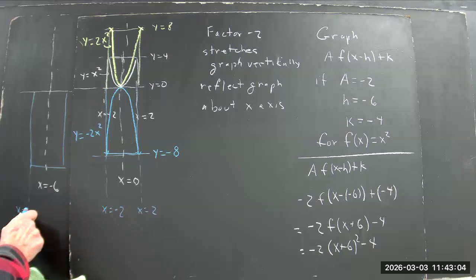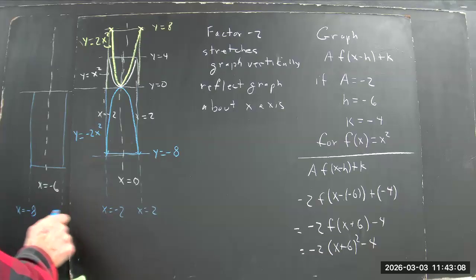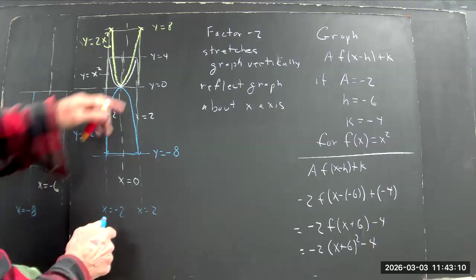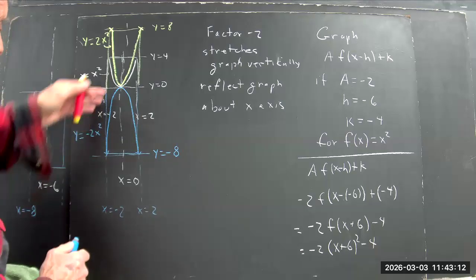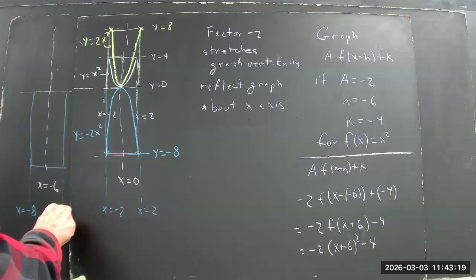From -2, we move 6 units to the left, we get -8. In the x equals 2 line, the right edge of the -2x² rectangle is going to become x equals -4.